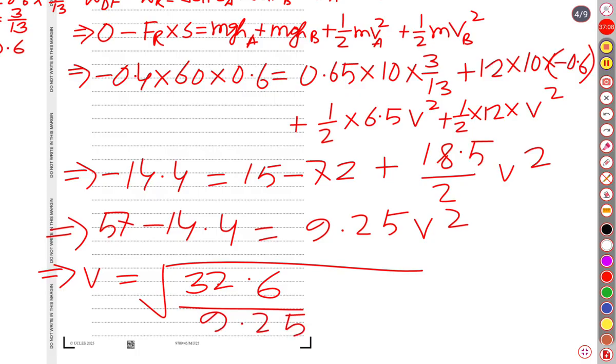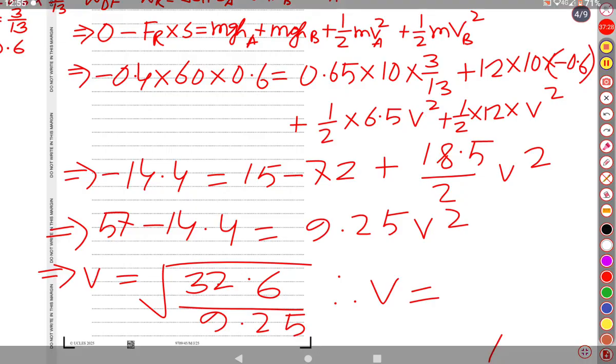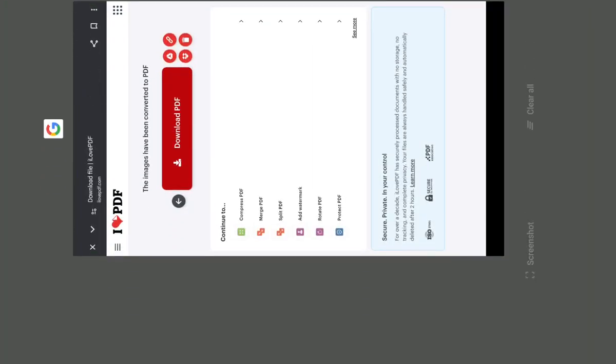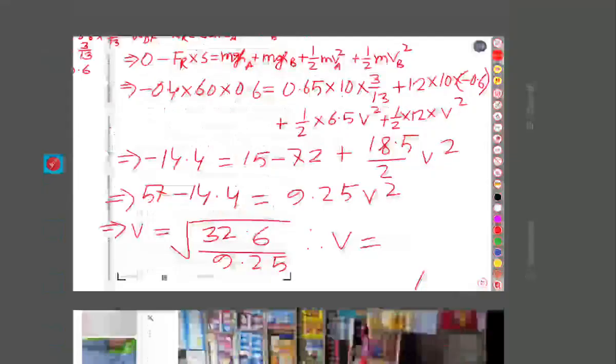Hence v is equal to, let us do this calculation, 32.6 over 9.25.